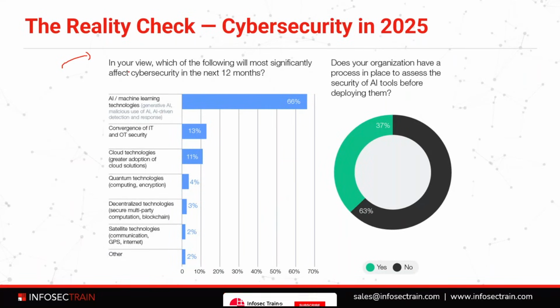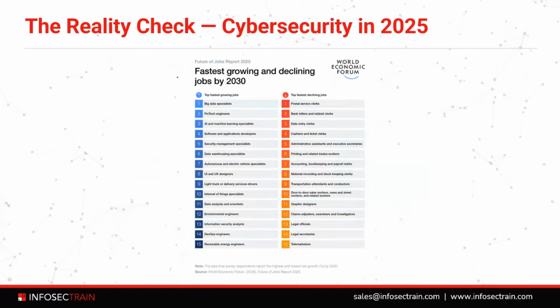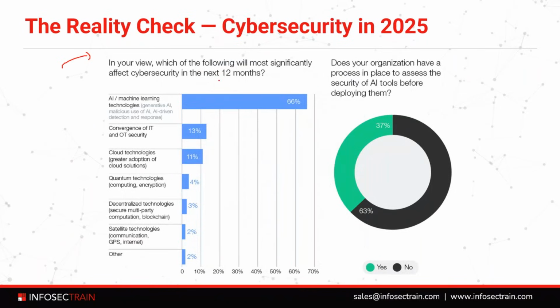Another survey we had here was by the World Economic Forum, this particular one. Okay, so you can see their cybersecurity outlook report by the World Economic Forum. In it they asked, in your view, which of the following will most significantly affect cybersecurity in the next 12 months?